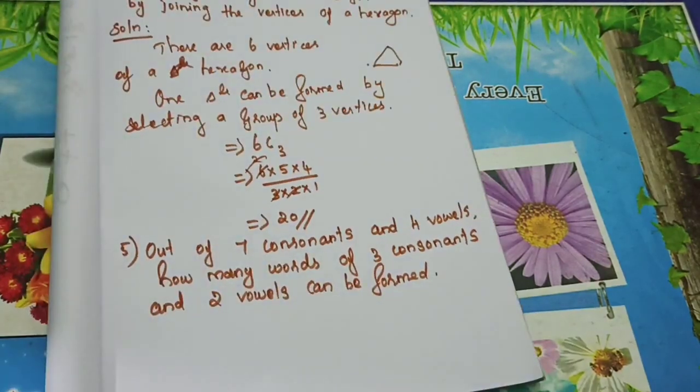Okay. Out of 7 consonants and 4 vowels, how many words of 3 consonants and 2 vowels can be formed?